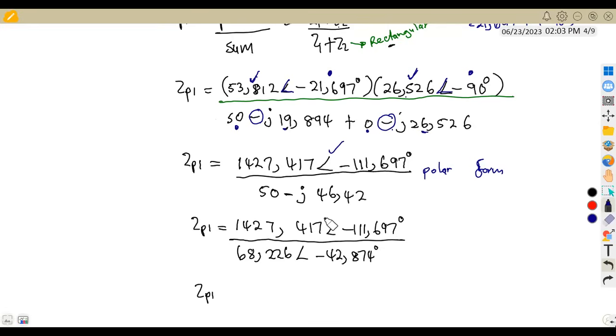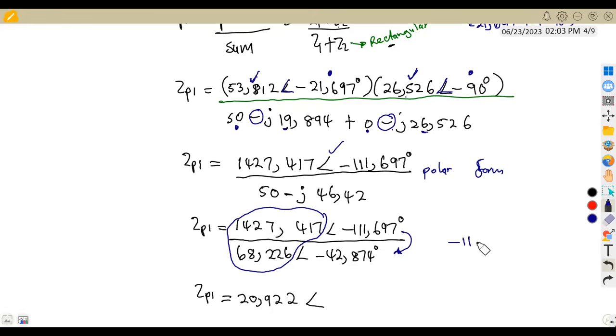So the best thing is that you can divide the moduli together. These terms out of these angles, you can divide them together. So if we divide these two, we are going to obtain 20.922. Then for the angles, we are dividing in polar form, so we subtract the angles.